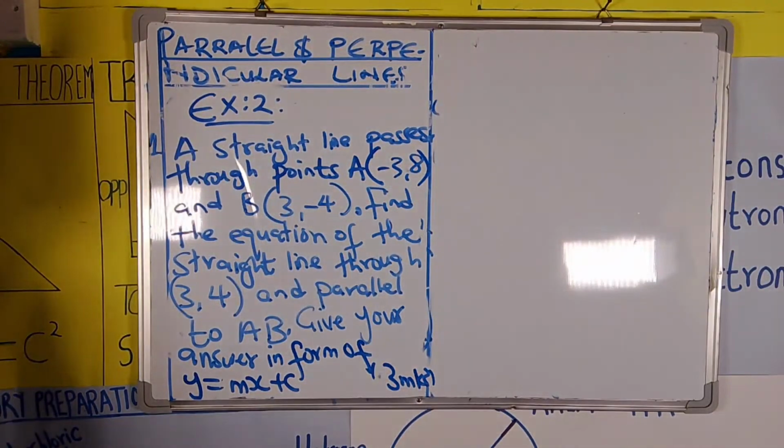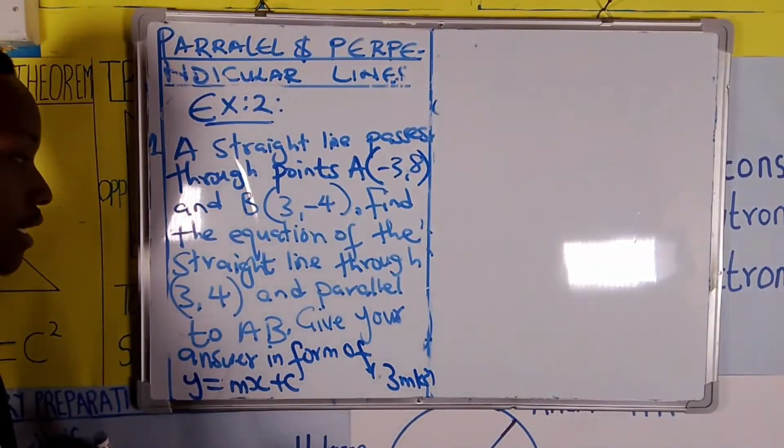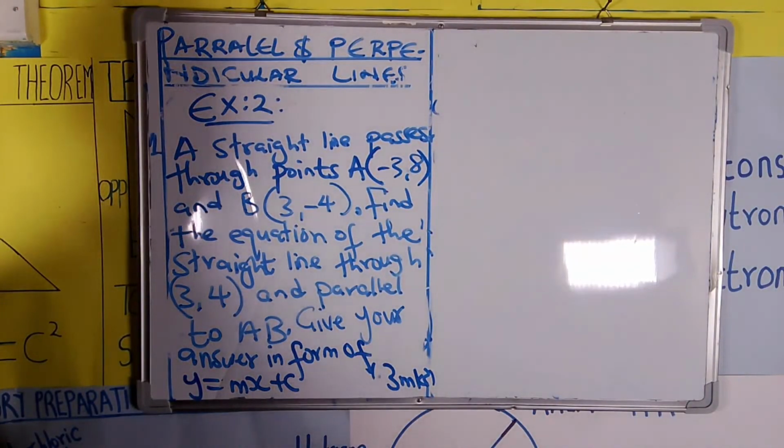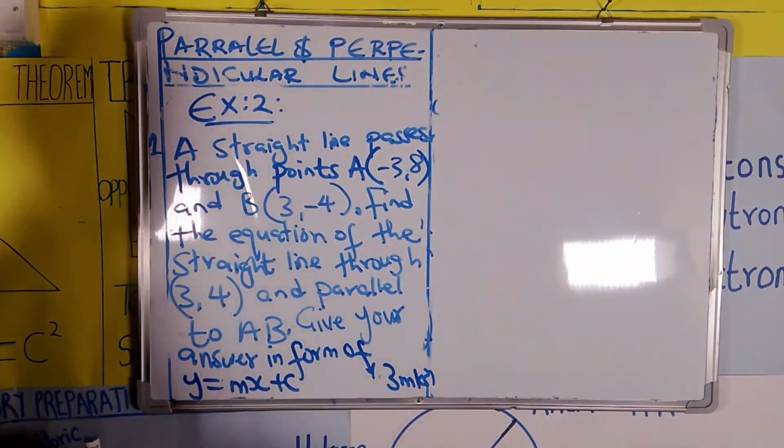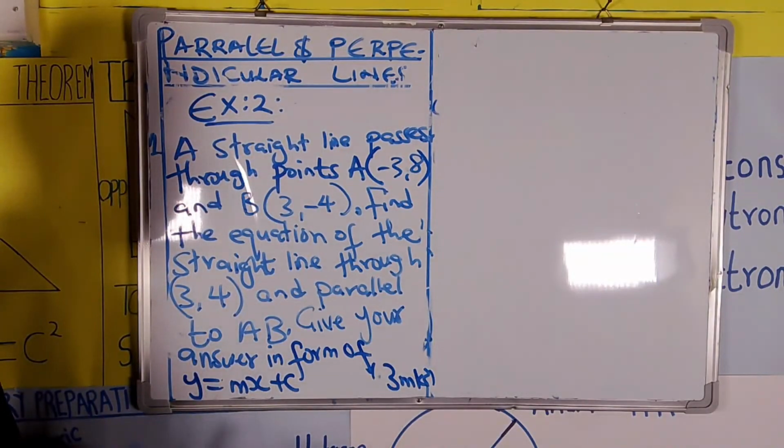So a straight line passes through points A, negative 3, 8, and B, 3, negative 4. Find the equation of the straight line through 3, 4 and parallel to AB. So we are supposed to determine the equation of a straight line which is parallel to AB.